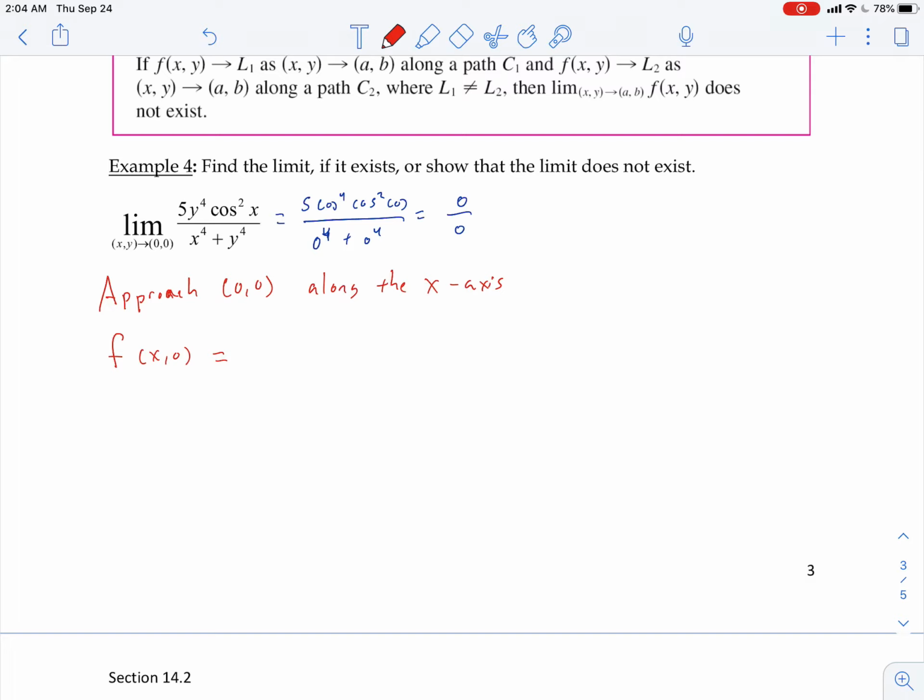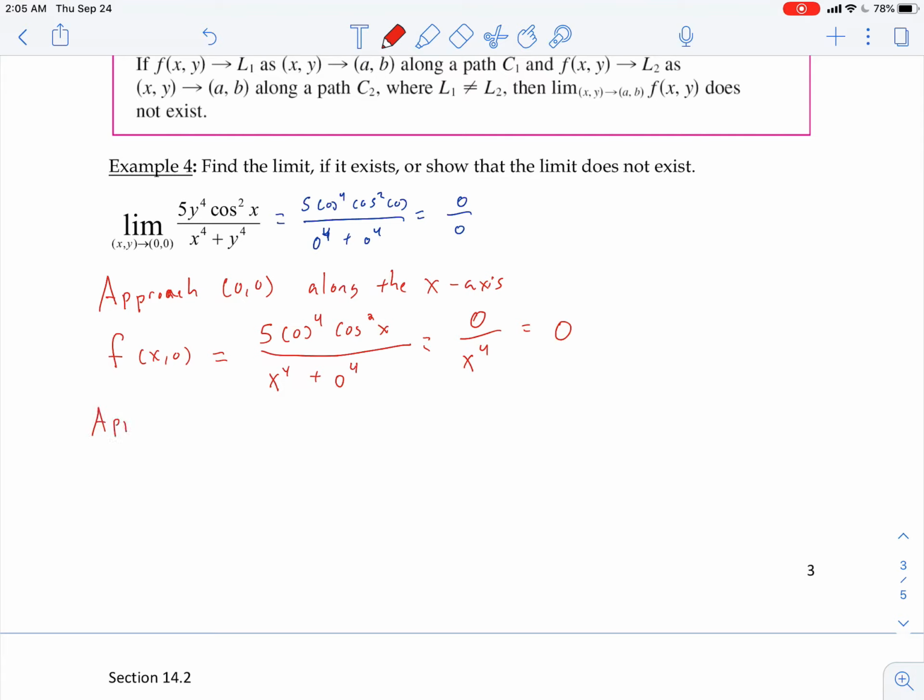As I travel along the x-axis, this is what my function's going to give me: 5 times 0, the y value is still 0, cosine of 2x all over x to the 4th plus 0 to the 4th. And that's going to give me 0 over x to the 4th, which is just 0. So great, I got a value. It's 0. So as I'm approaching 0, 0 along the x-axis, my function value is going to give me 0.